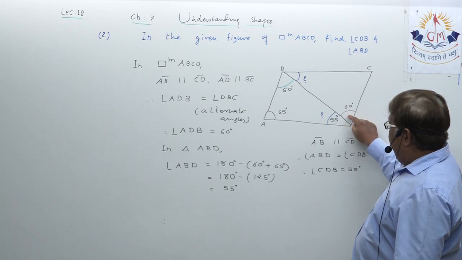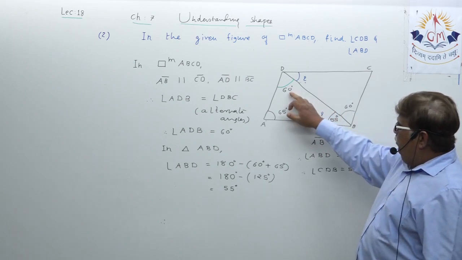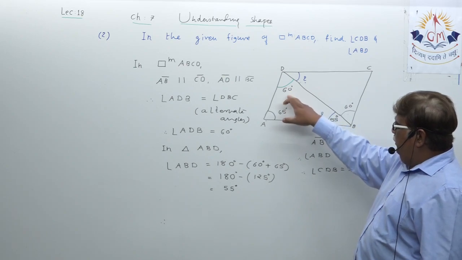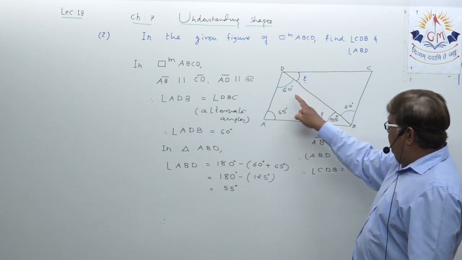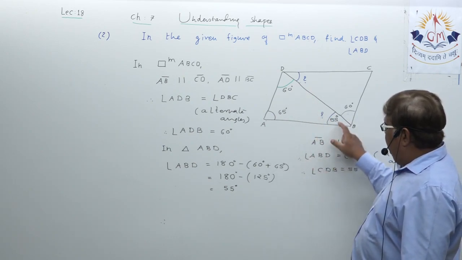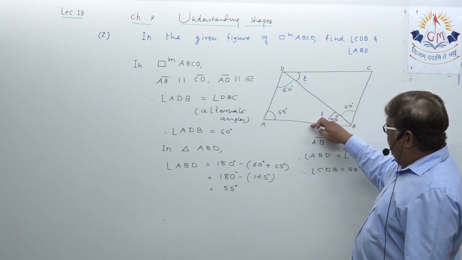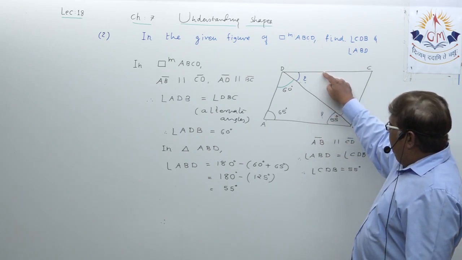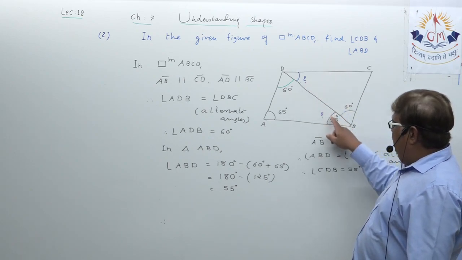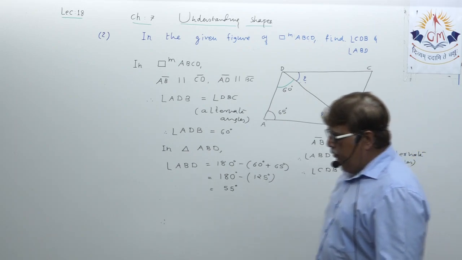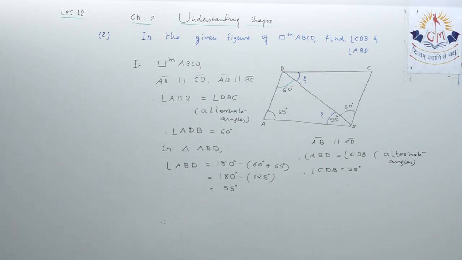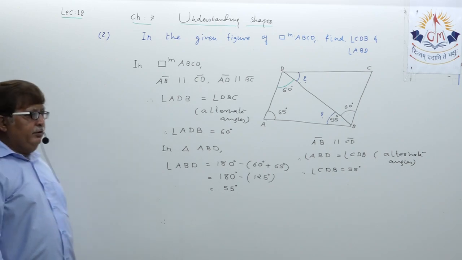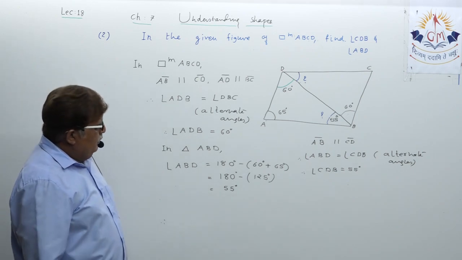Because this is 60 degrees, this also turns out to be 60 degrees, then you have to consider this triangle. Sum of all angles is 180, you got it, and then AB parallel to CD, and again you got a pair of congruent alternate angles. Just have a look at this sum properly. Try to catch the concept we have utilized. Understood?